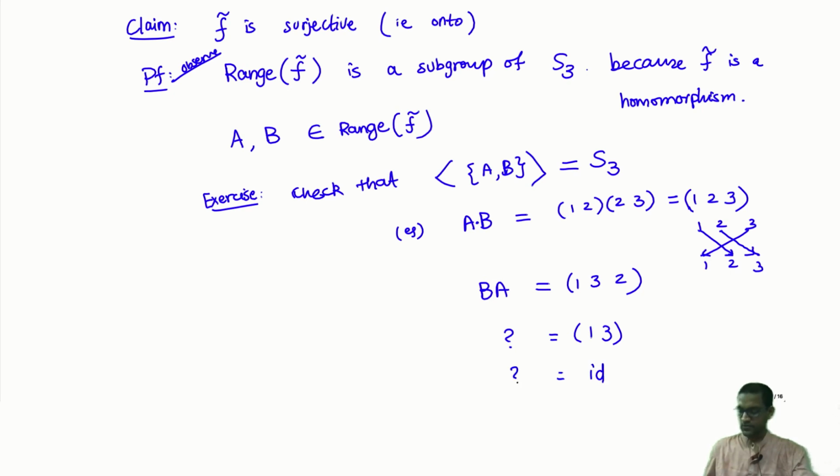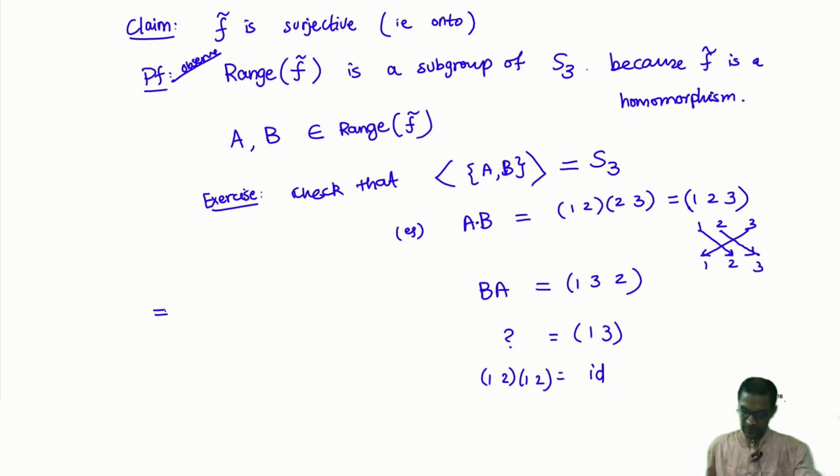Identity is easy, I suppose. You can just say the identity is A squared. In other words, I just take A with itself, and what I get is the identity. This is another way of saying that every element of S3 is in the subgroup generated by these two elements, capital A and capital B.